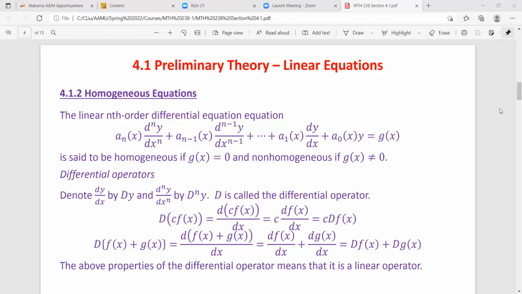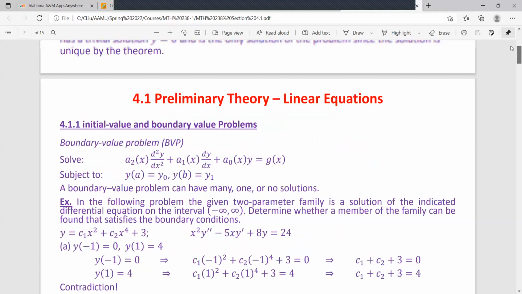For the initial value problems, you can easily find the solution exists and is unique in many cases if the coefficient functions are continuous. Those are a(n)x, a(n minus 1)x, and so on, a1x, a0x. This is a theorem we talked about.